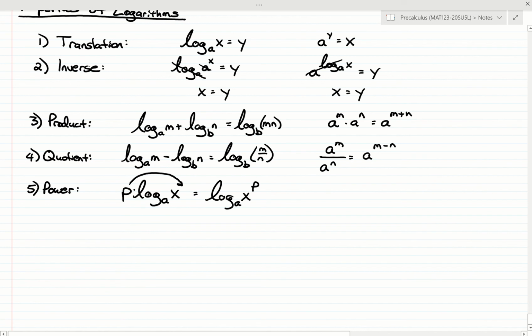So if you have 2 times the log of something, you could actually make that 2 into an exponent of 2. Another way to think about it is sometimes it's better if you have an exponent, you could bring that down and turn it into multiplication, but we're going to see examples of this.